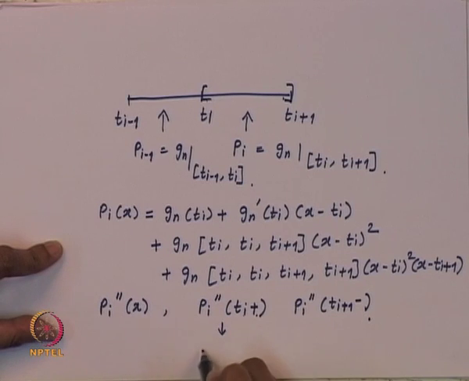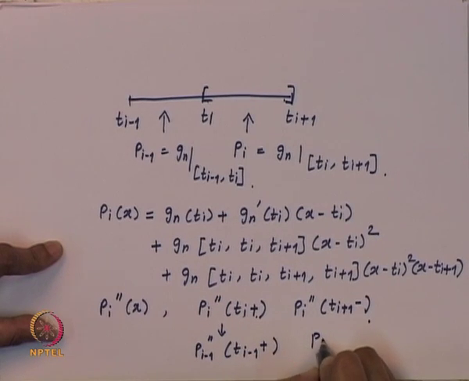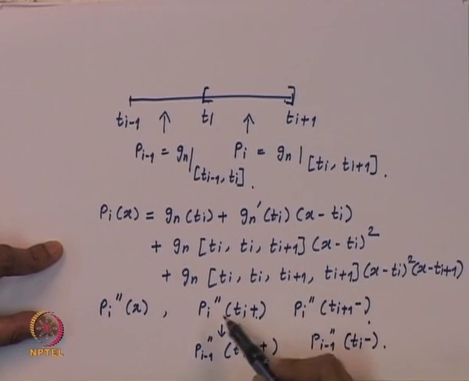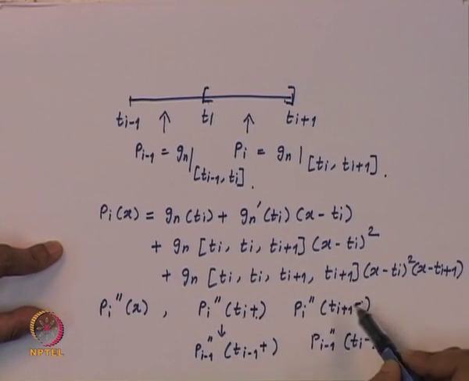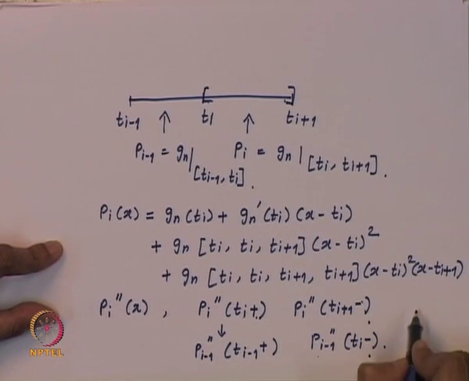So, we calculate these values. Then from here we write p_{i-1}''(t_{i-1}+) and p_{i-1}''(t_i-). So, once we obtain the formulae for this, you have to just replace i by i minus 1 in order to get this expression. Now, this continuity of the second derivative comes into the picture.